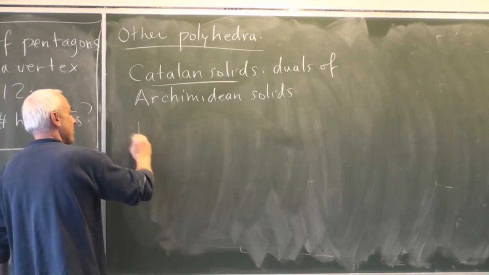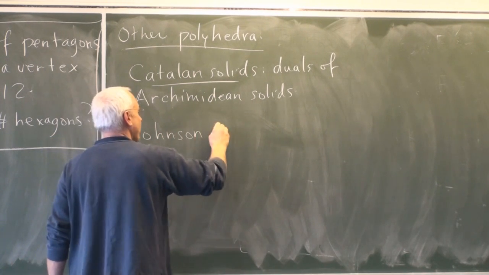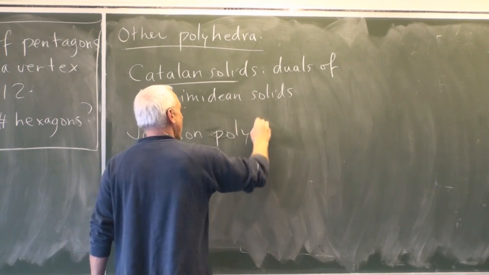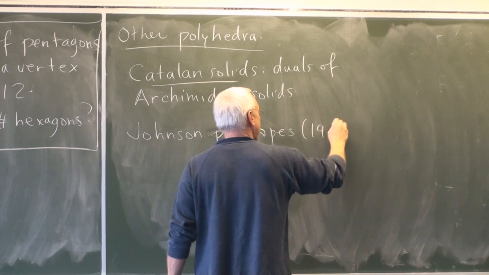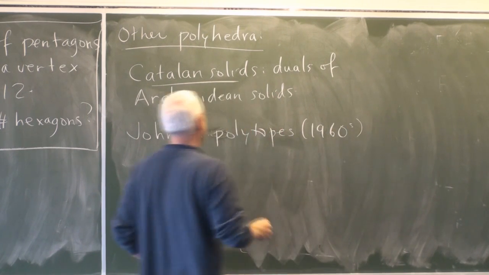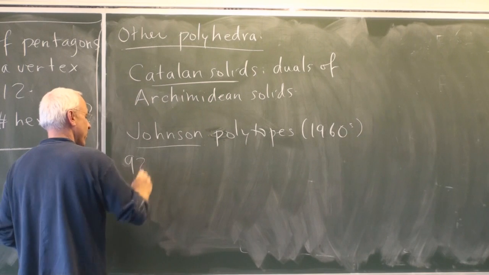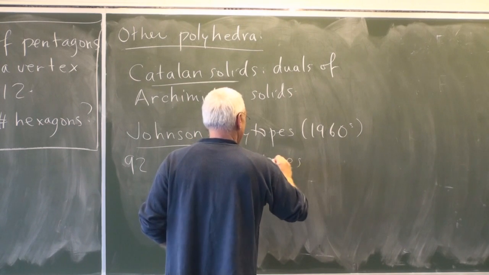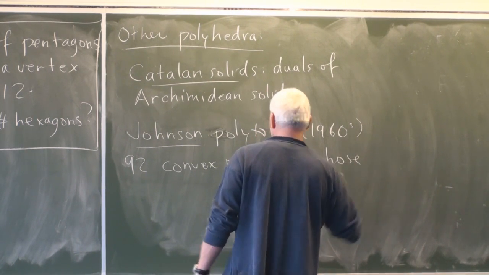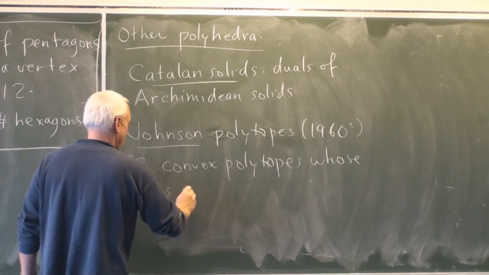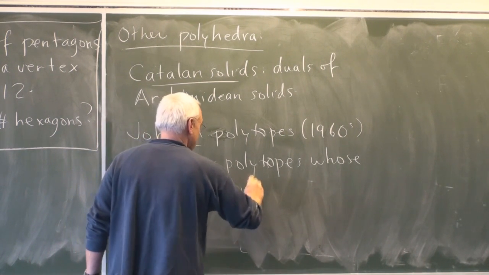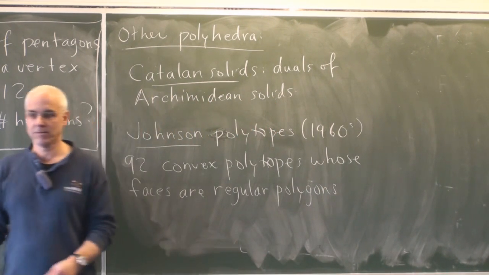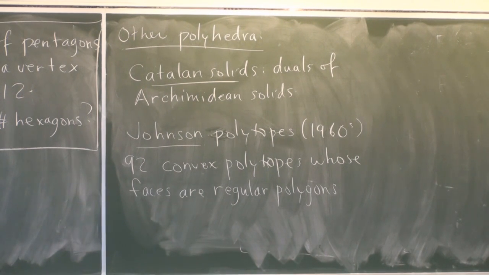There's another, a very broad class of solids called the Johnson solids or polytopes. And these were only written down, I think, in the 60s. There are 92 convex polytopes whose faces are all regular polygons, but possibly different types of regular polygons.